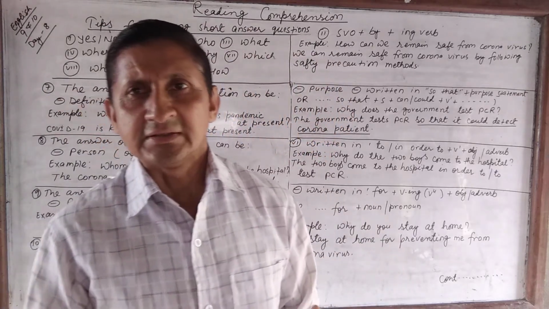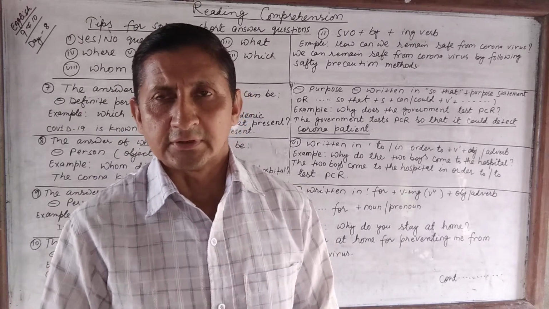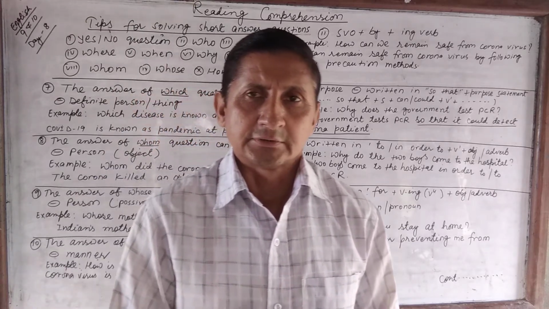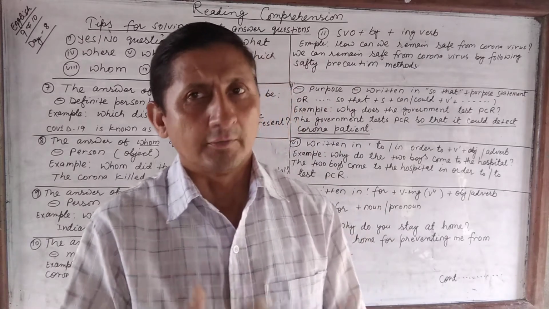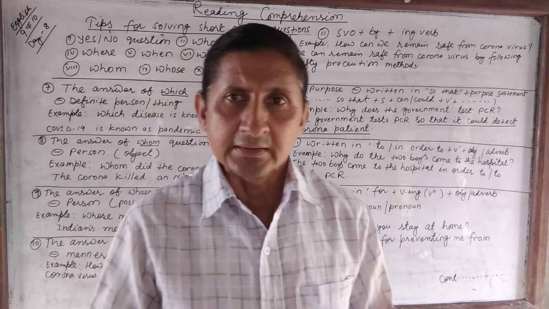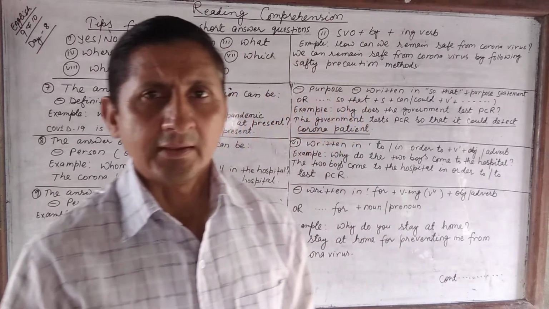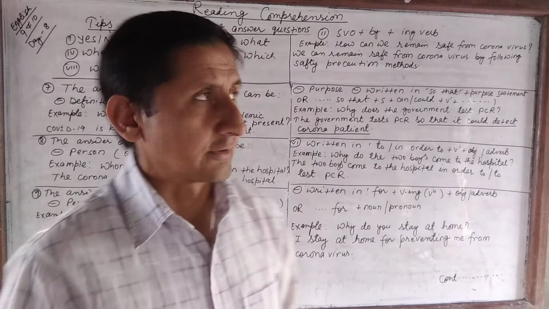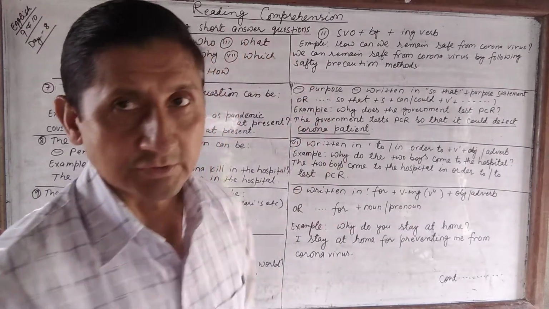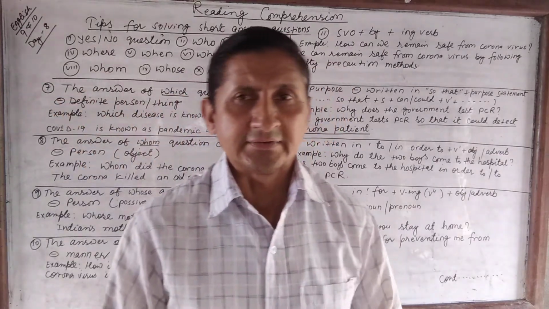In this way, using these words, you write down the answer of the how question that starts with how often. In this way, we write the answer of short answer questions in a comprehension passage.